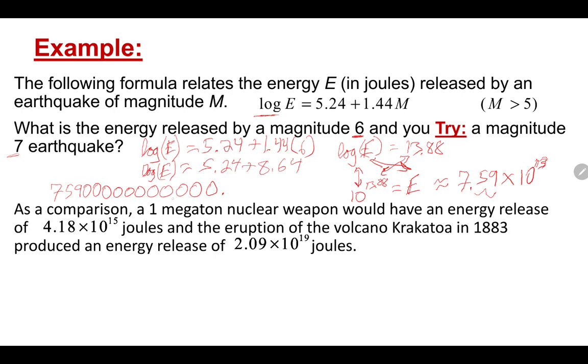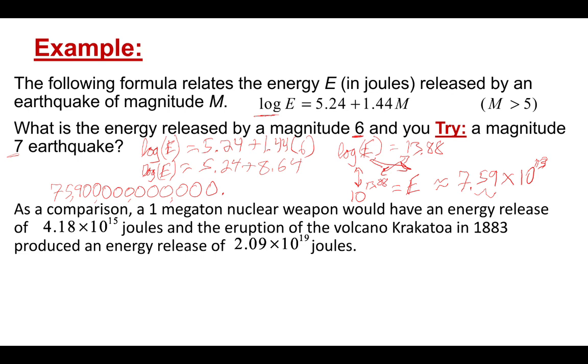Let's try to put some commas in here. So there's the hundreds, this is the thousands, this is the millions, this is the billions, this is the trillions. So over 75 trillion joules of energy is released in a magnitude 6 earthquake. That's pretty massive. That's more than enough energy to run your house for the next 10 years. Genuinely, it's probably more than enough to run your house for the entire time that you live.